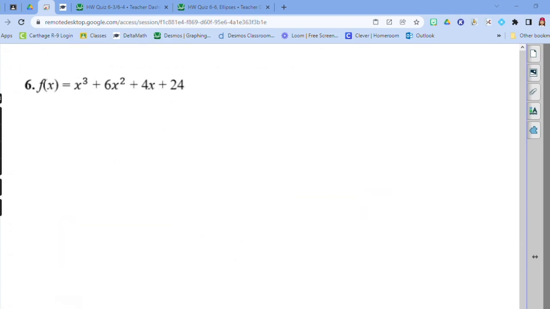Okay, so the next one, 4 terms. 1x cubed plus 6x squared, 4x plus 24. I see a possible factor by grouping pattern.